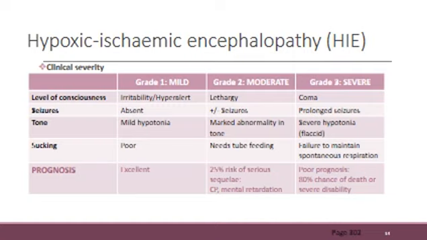The sucking is very poor, and often these patients cannot even swallow their own saliva. They also have a failure to maintain spontaneous respiration and can hyperventilate or even have apnea. In this case, the prognosis is very poor, with an 80% plus chance of either mortality or severe disability if they do survive.